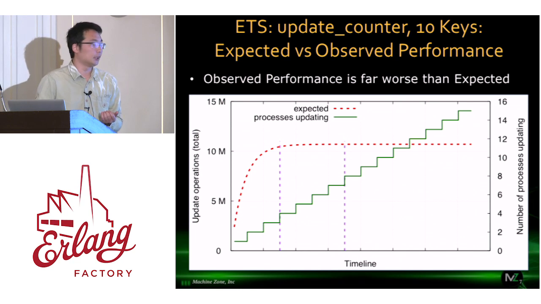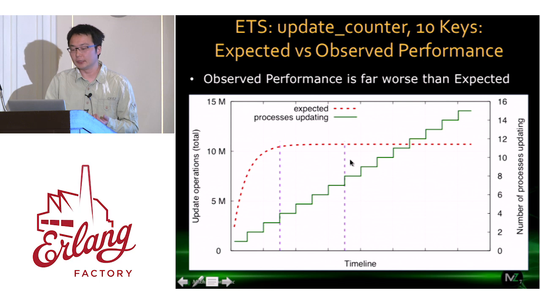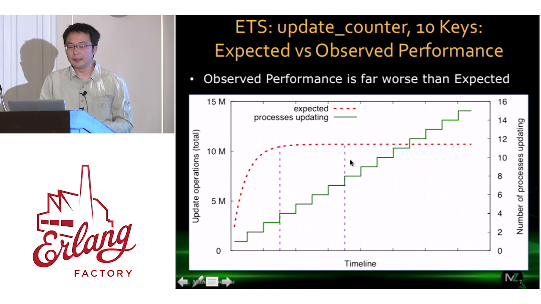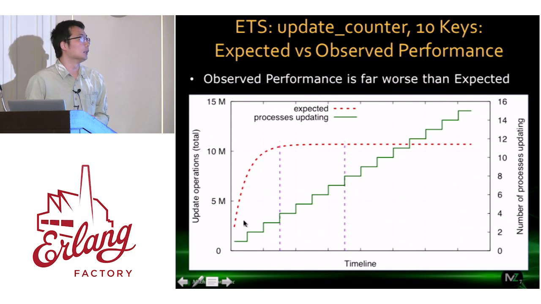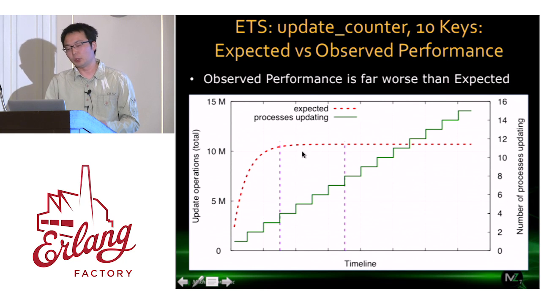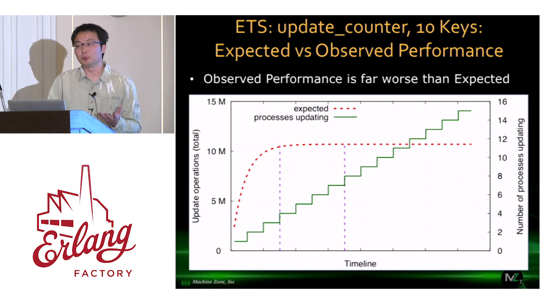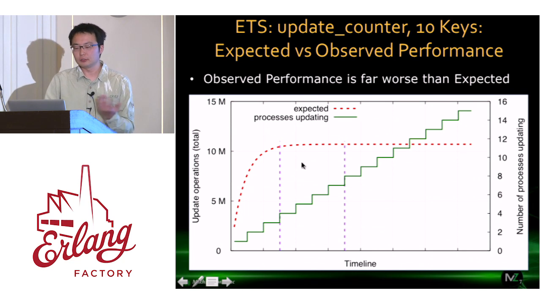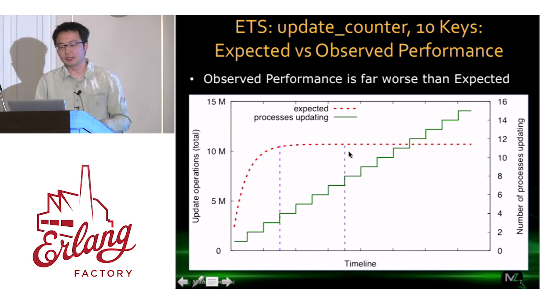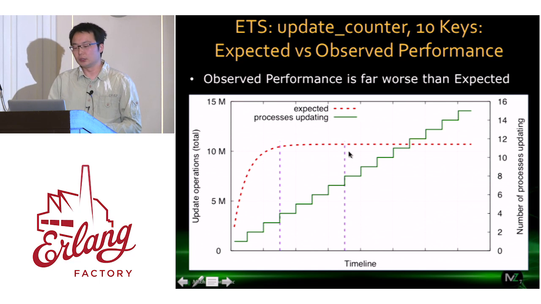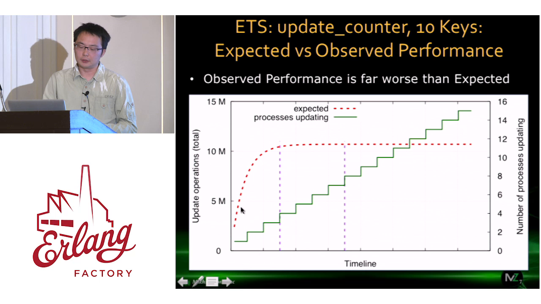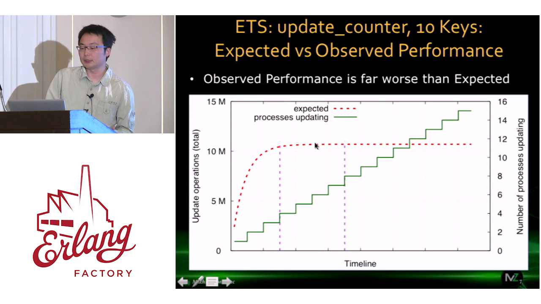This is a 4-core machine, and the other line is the number of logical cores. And we are expecting the performance to go like this, because as we approach the number of logical cores, we're expecting the performance to saturate. I think the performance will definitely saturate. So this is the update operation performance we are expecting.